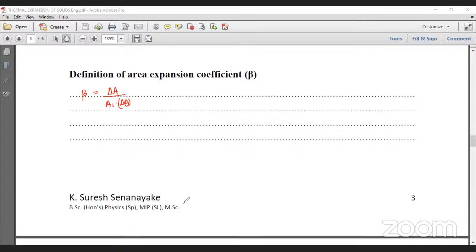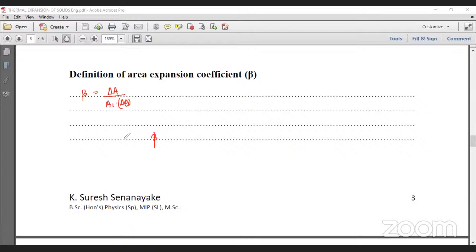The area expansion coefficient beta is the increase in surface area per unit area per unit rise in temperature. Beta is also in per Kelvin.